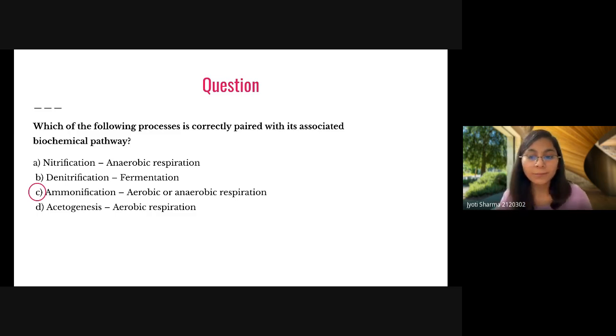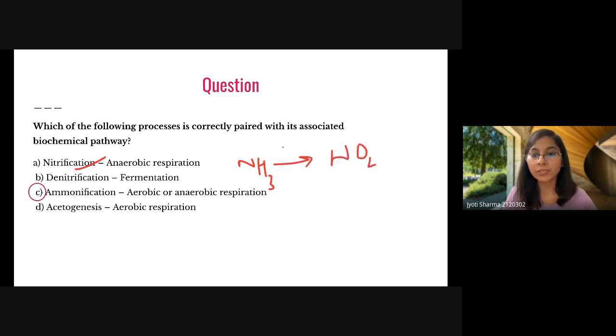So just see here, the first is nitrification. So nitrification is, if we have ammonia, and ammonia is NH3, right? If we are converting this NH3 to NO2 or NO3, NO3. So this process is nitrification.